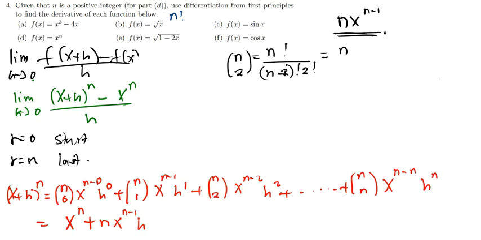It is going to be n times n minus 1 times n minus 2, then I end there with factorial, so that it should cancel out with this. So these two will cancel out.